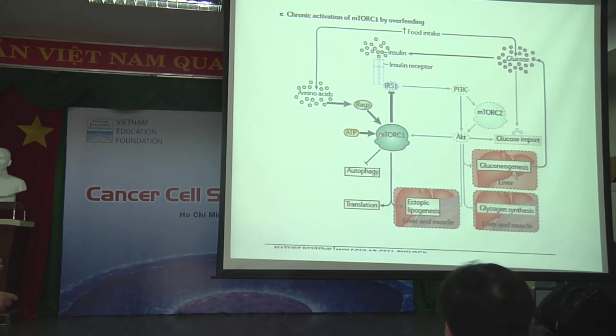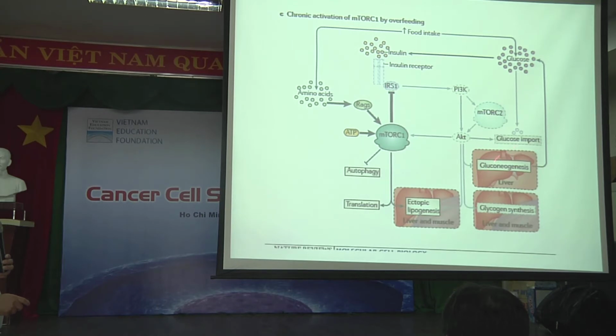But this mTORC1 is so active, it continues to help your body to promote lipogenesis, you will accumulate fat, and it will promote the protein translation and block the autophagy, okay? But with this pathway being blocked, AKT is not activated, so it will not produce enough glucose transporter to let the glucose be incorporated in your body, okay?